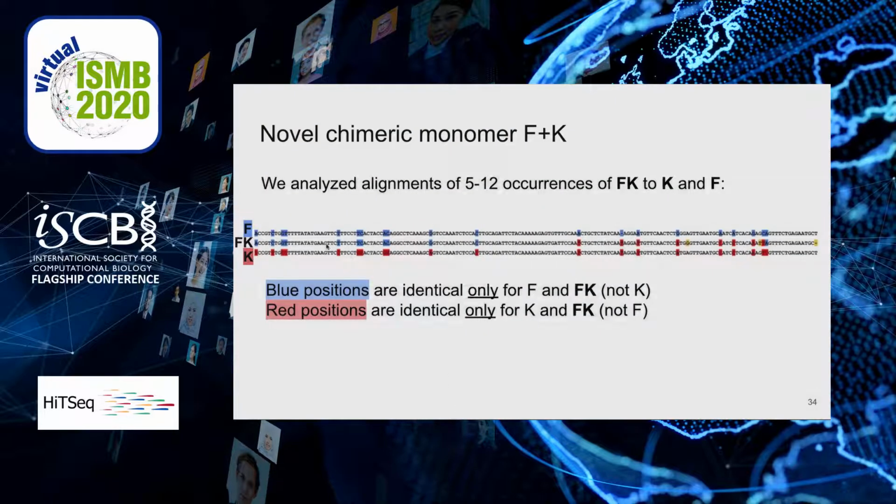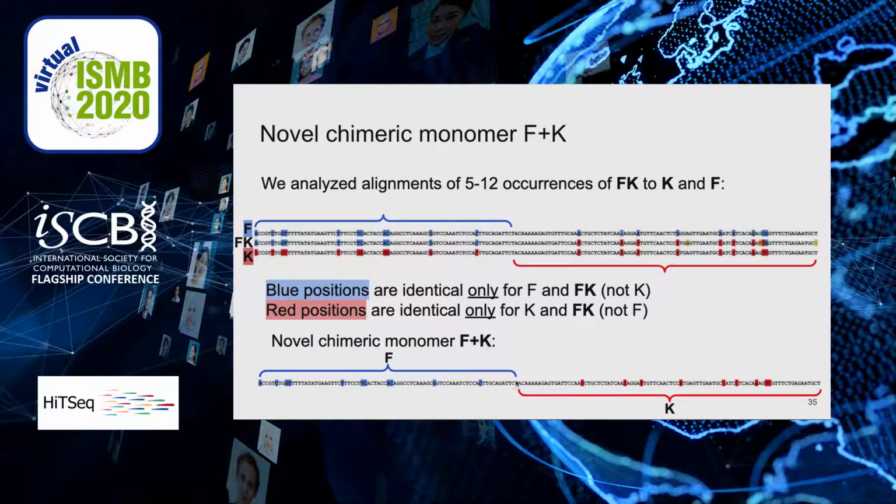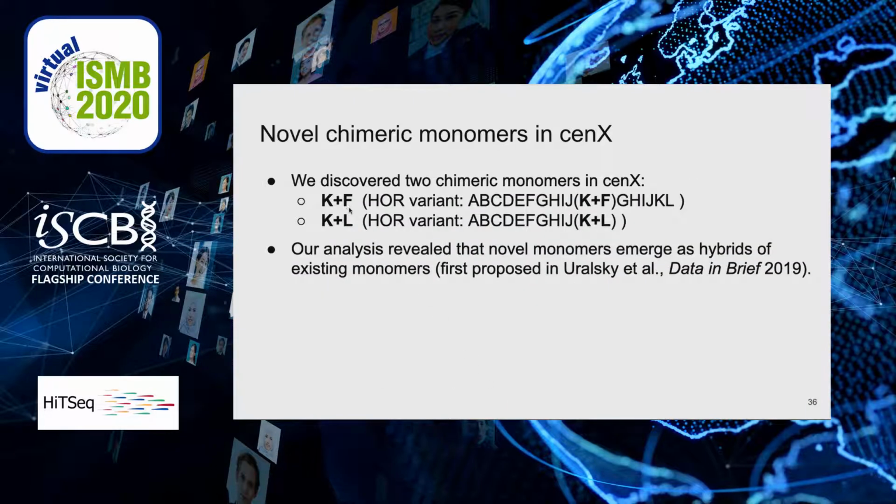Nucleotide alignments of FK sequences from the second cluster to K and F showed that the first half of all these FK sequences is identical to monomer F, while the second half of FK is more similar to K. Thus, we conclude that FK sequences represent a novel monomer F plus K, which was created by gluing the first half of F and the second half of K. Our analysis discovered 2 chimeric monomers in centromere X, both of them occurring in non-standard HR variants.